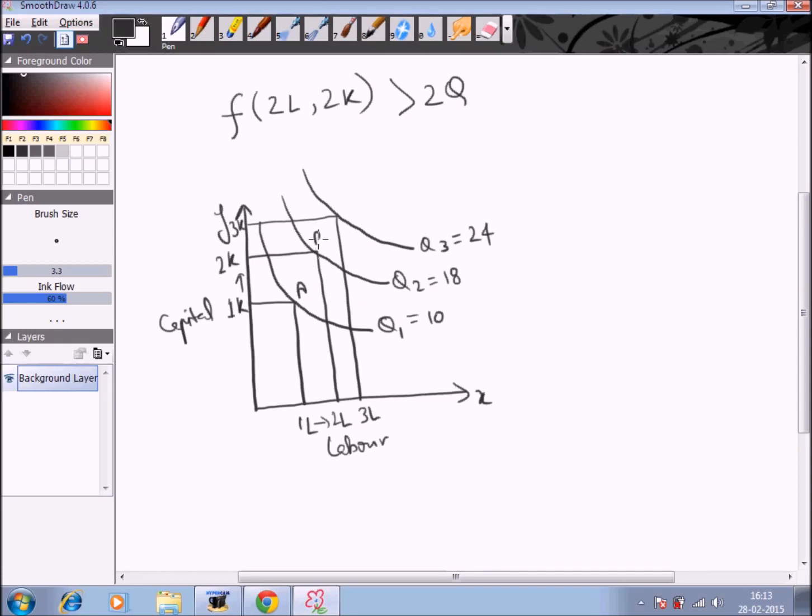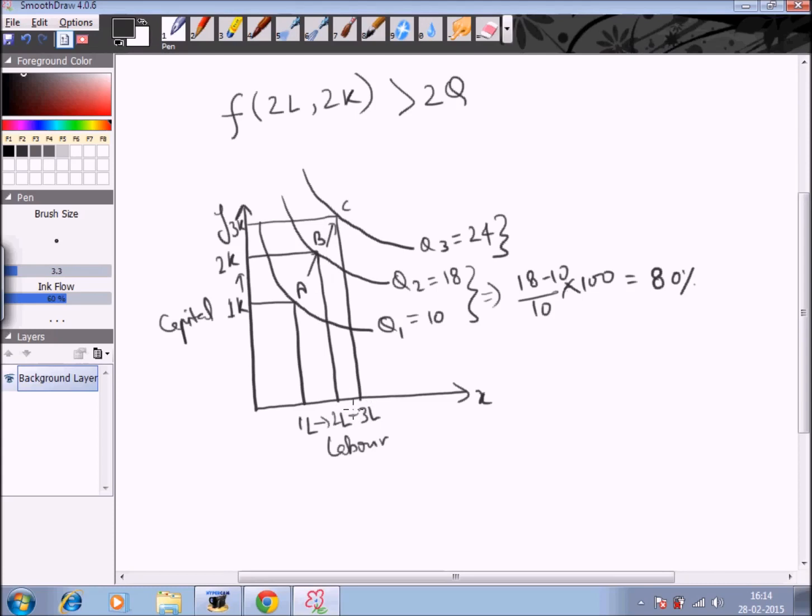If we move from point A to B, we see here we are doubling the use of labor and capital, but our output is less than doubled. We are increasing the labor and capital by 100%, but what is the effect on the output? It's less than 100%. It's just 80%.